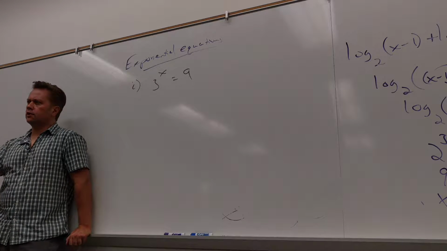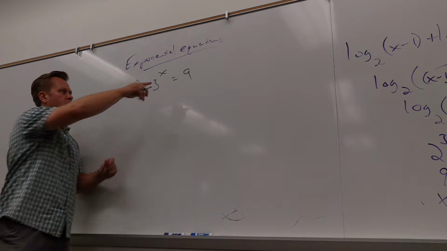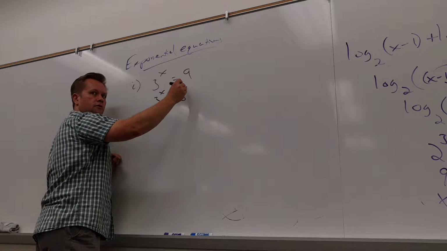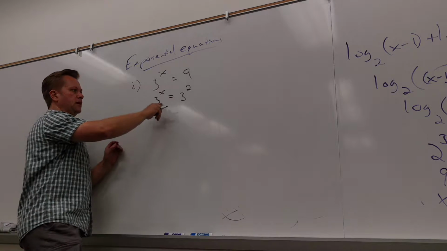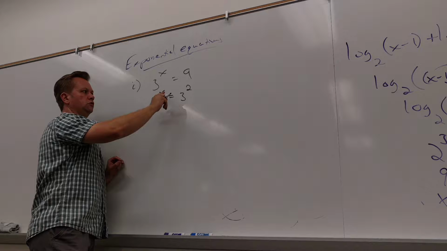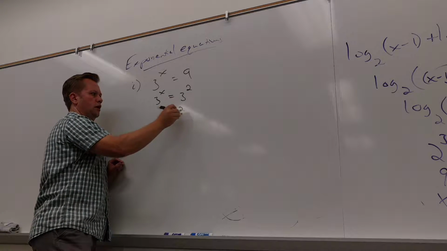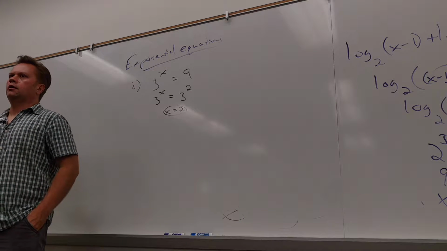Now, just to build it up to when it gets more complicated, how can I rewrite 9 as 3 to the...? A lot of you are like, well, that's why I knew it was 2. But now look, the bases are already equal. So in order for this to be true, X has to be 2. Bam. So that informs us of what to do.